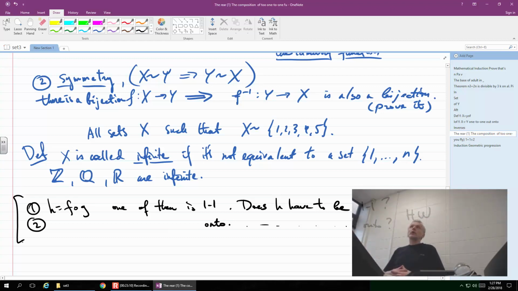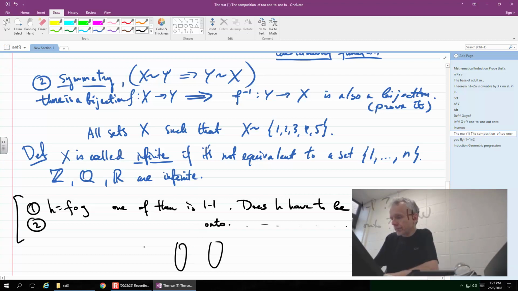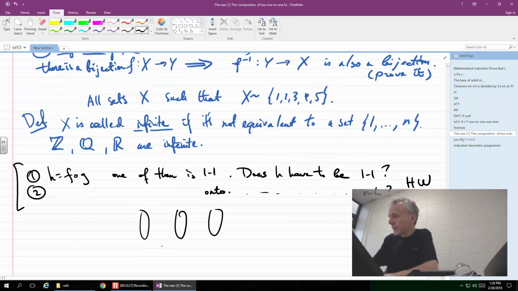Two functions where one function is onto, but the other one is not. Does the composition have to be onto? Take X, Y, Z, F first, and then G. Suppose G is onto, like this, so it covers the whole thing.